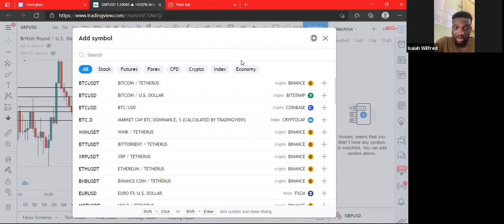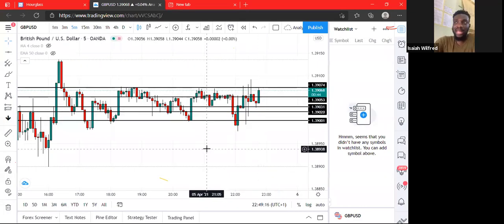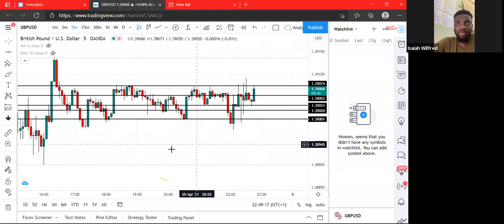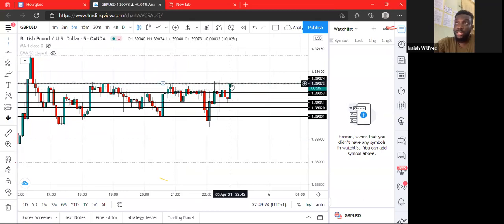But if one decides to use the weeks, does it have the same results? Yes, it has the same results, but one thing I've noticed is that if you're waiting for price to get to that week, most times the market has already left you. Look at this one. You can see that this candle is trying to reject this resistance point, this GBP USD.